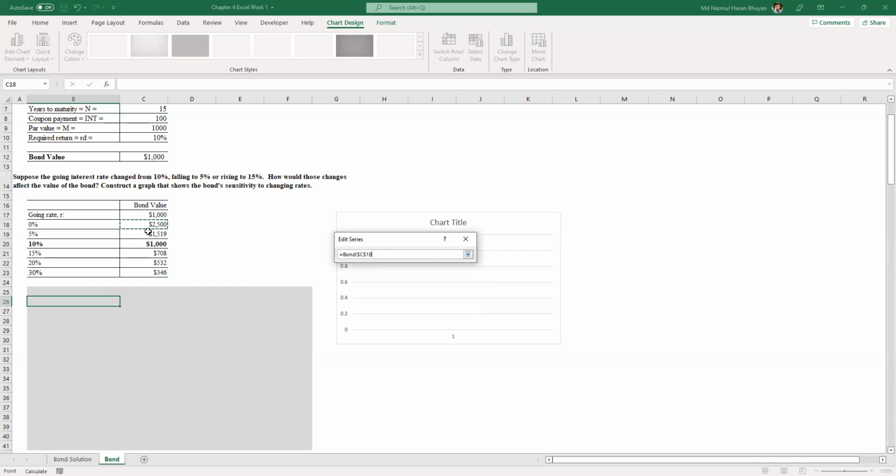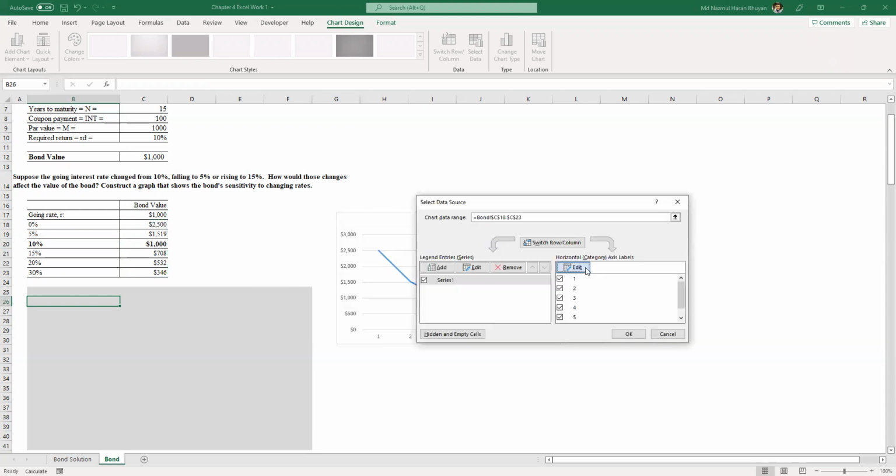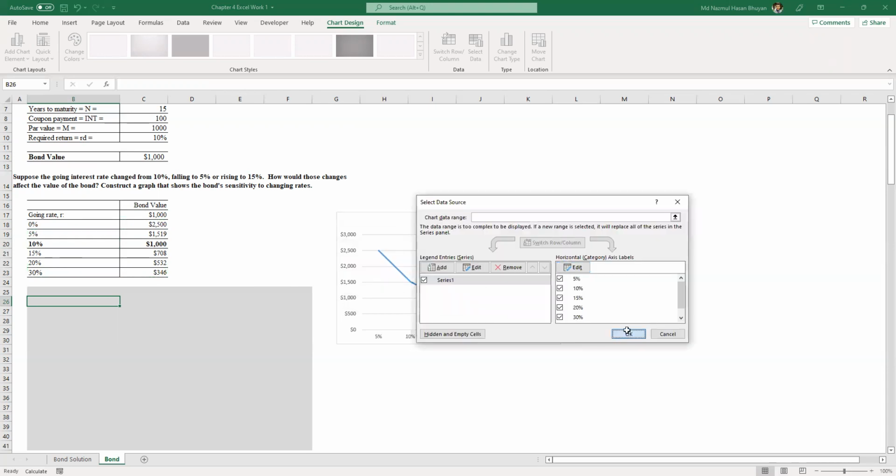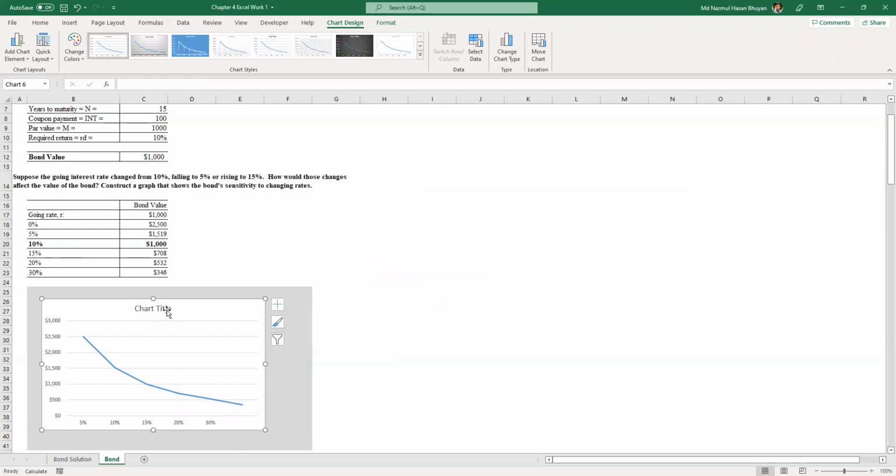So we're going to put price on the y-axis and then interest rate on the x-axis. Hit OK. We don't need any chart title.